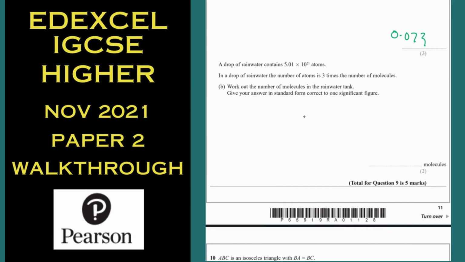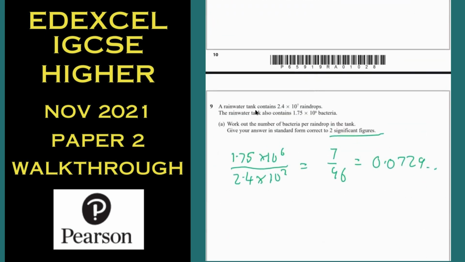Next one, again, more waffle. Ultimately, a drop of rainwater contains that many atoms. In a drop of rainwater, the number of atoms is 3 times the number of molecules. So we have the 2.4 times 10 to the power of 7. That's from part A. That's how many raindrops we have.